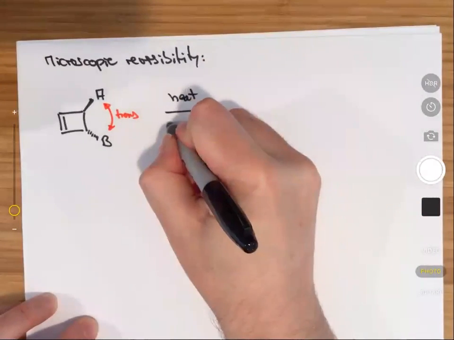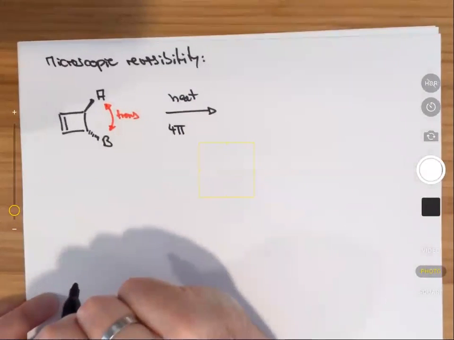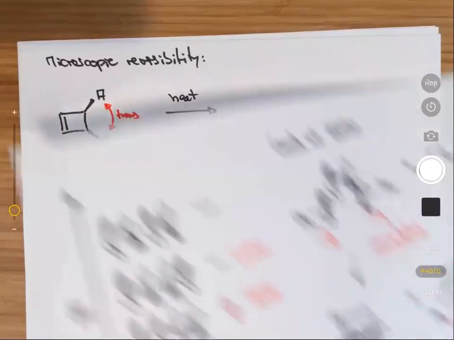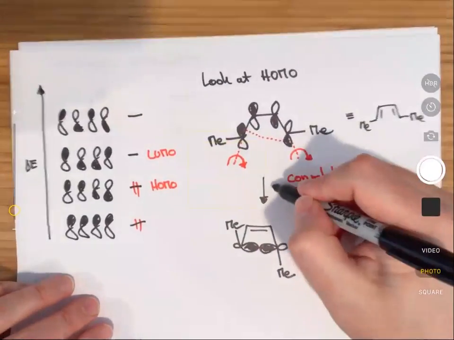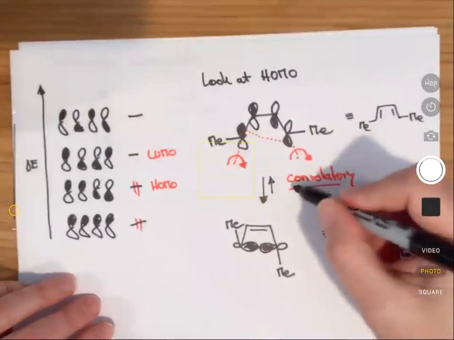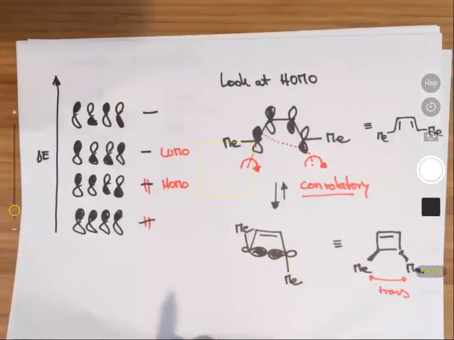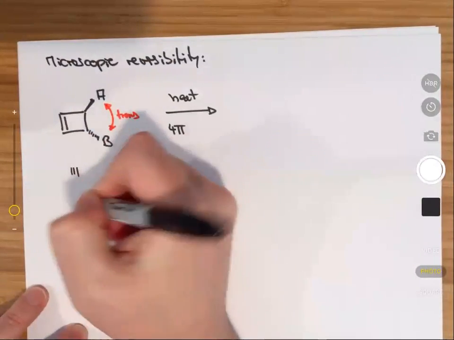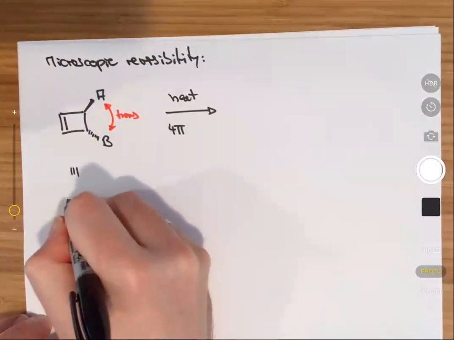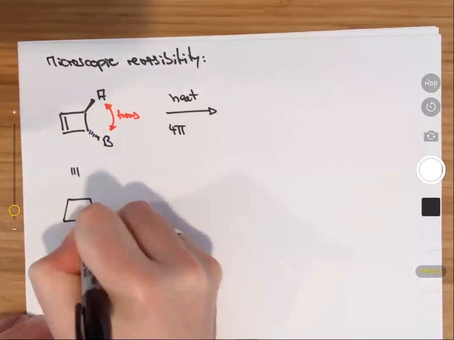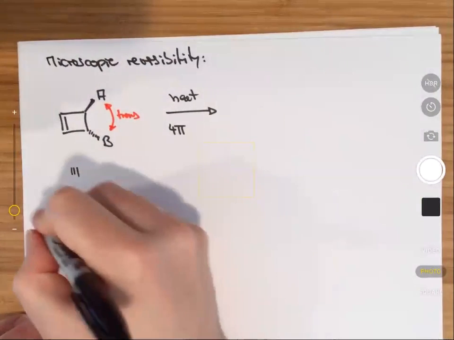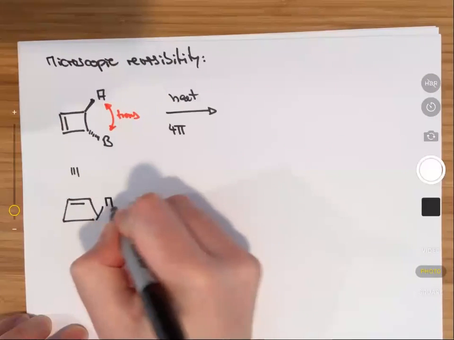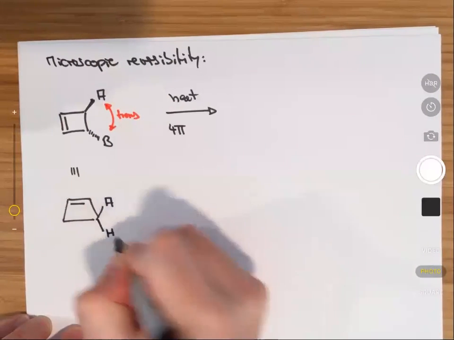So this is again 4 pi electrons, and based on our analysis that we had over here, no matter which direction this reaction goes, we would have to rotate the system conrotatory, right? So we can do a little bit of a more detailed analysis if we draw this out in perspective. A double bond is over here. And let's say A is going to be up here and the hydrogen on the other side.